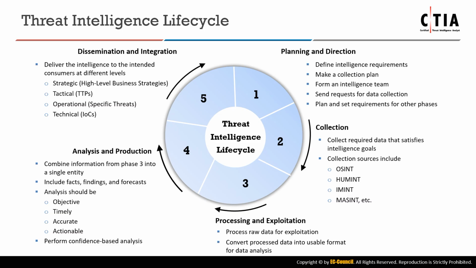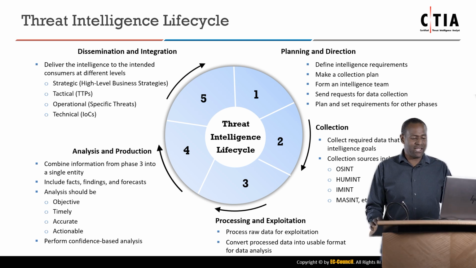We collect the data that satisfies our intelligence goals, which we have elucidated in planning and direction. We collect from resources including OSINT, HUMINT, IMINT, MASINT, etc. There are so many different types of intelligence that we can gather. We'll look at some of these, like I said, a little bit later.